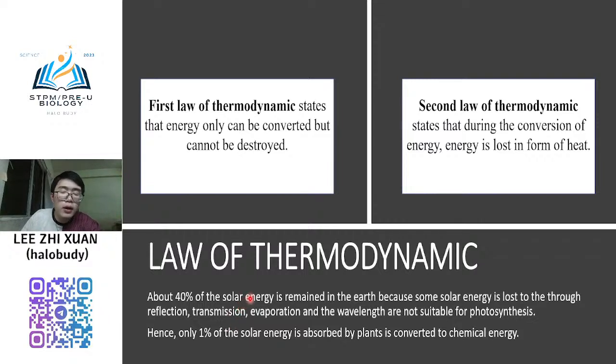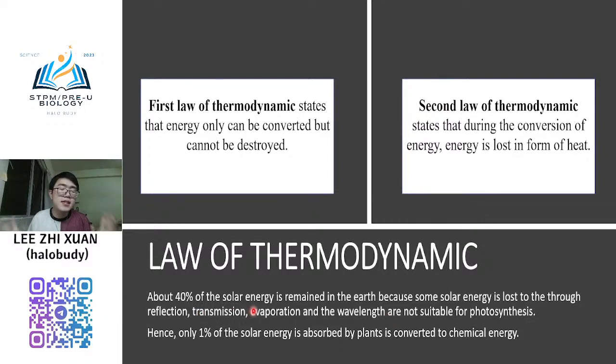However, you will see that only 40% of the solar energy will remain on the earth, because sun energy is lost through reflection, transmission, evaporation, and the wavelength not being suitable for photosynthesis. Meaning that our Earth can only obtain 40% of solar energy from the sun.